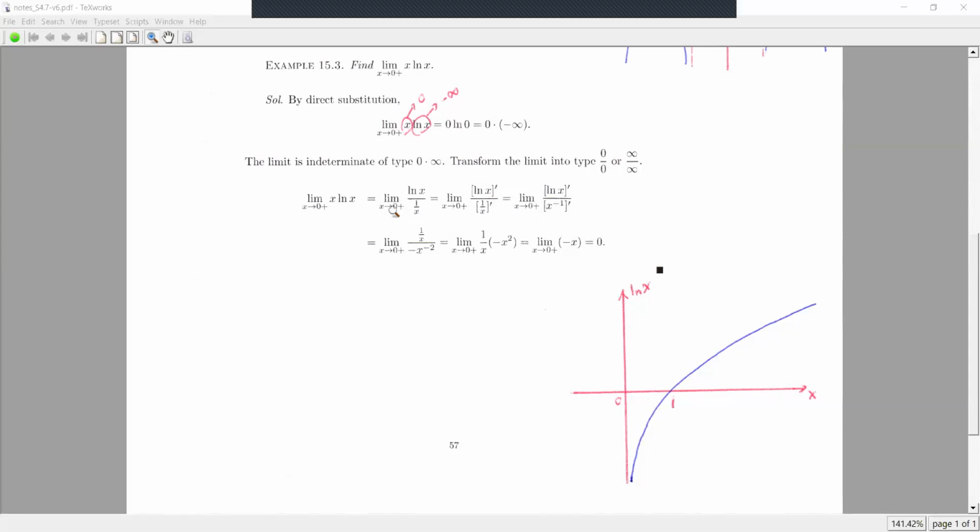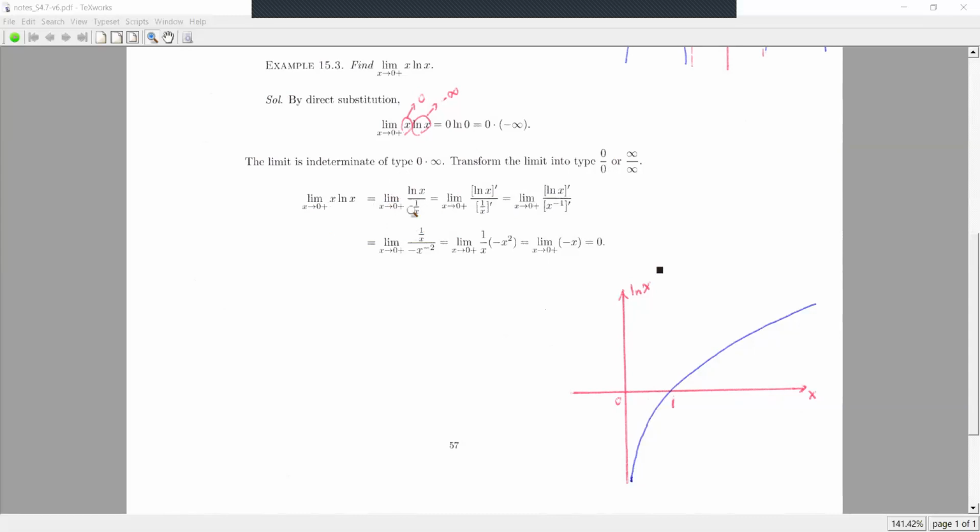Now, as x approaches 0, natural log approaches negative infinity. 1 over x will approach infinity. So this is a difficult limit. The type is infinity over infinity. We can apply L'Hopital's rule to this limit.